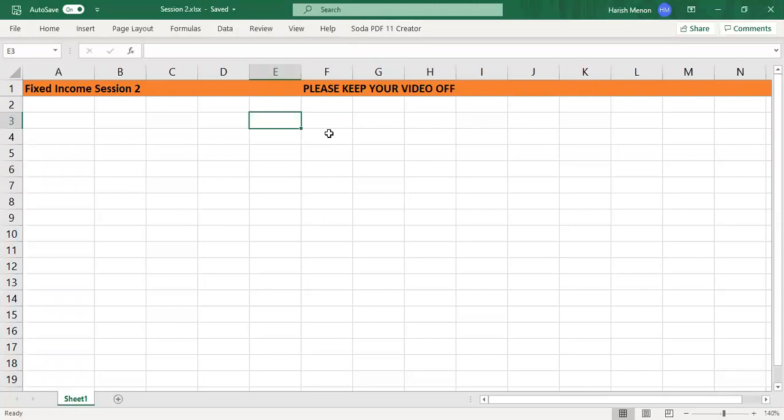Roughly 1 hour, it might extend because we will have to do some calculations. Excel is what will be the primary focus, and we will also understand certain other things. The focus today will be on pricing. So, whenever you're doing bond pricing, the most important term that we hear about is yield to maturity.